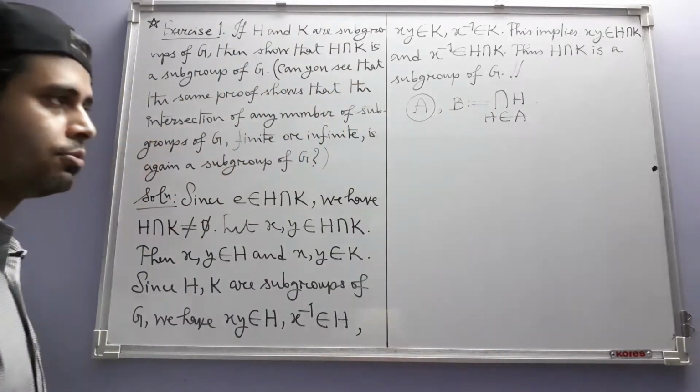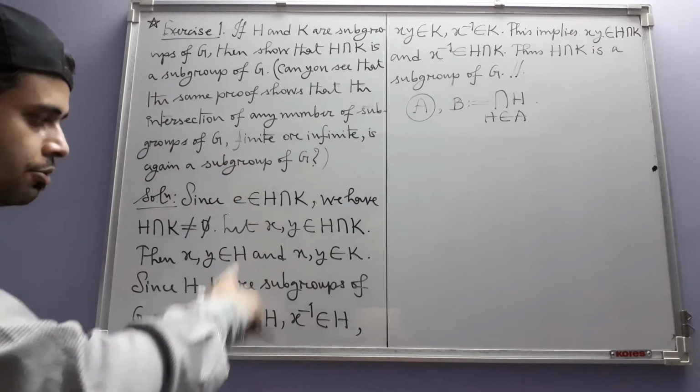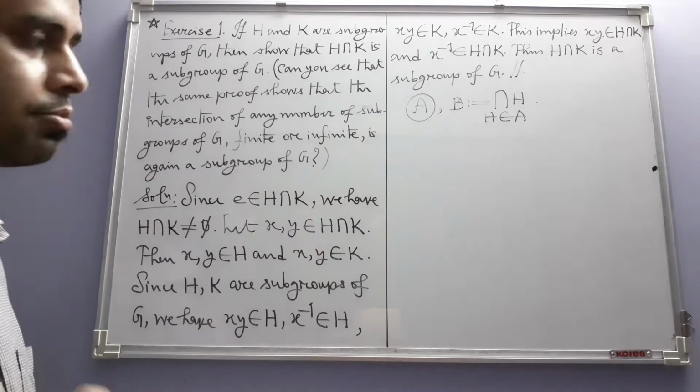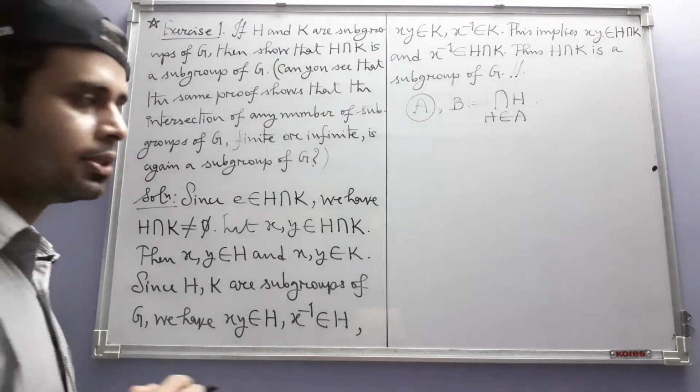You now want to prove that B is a subgroup of G, just like how we proved H intersection K is a subgroup of G. So the first thing to see is that B is non-empty.